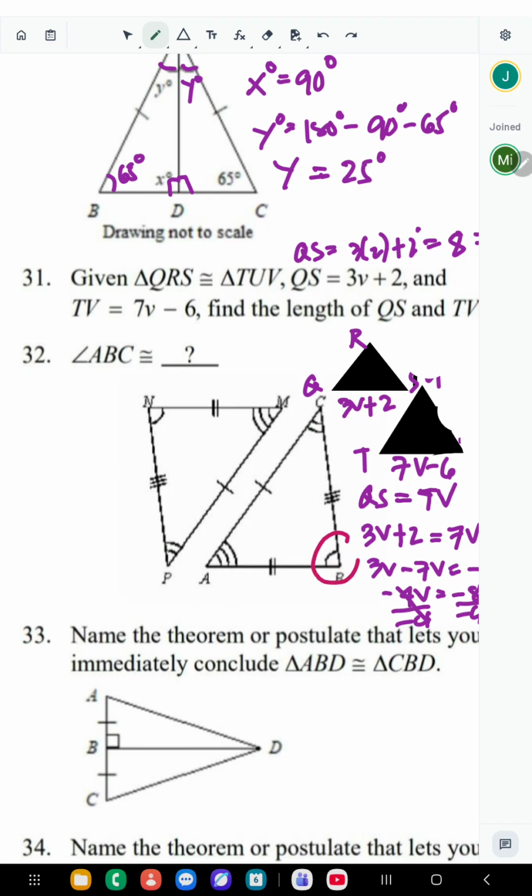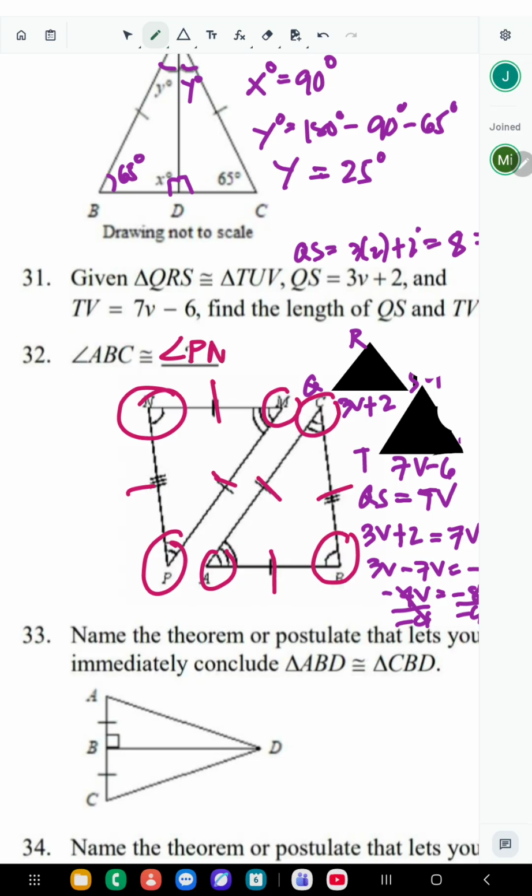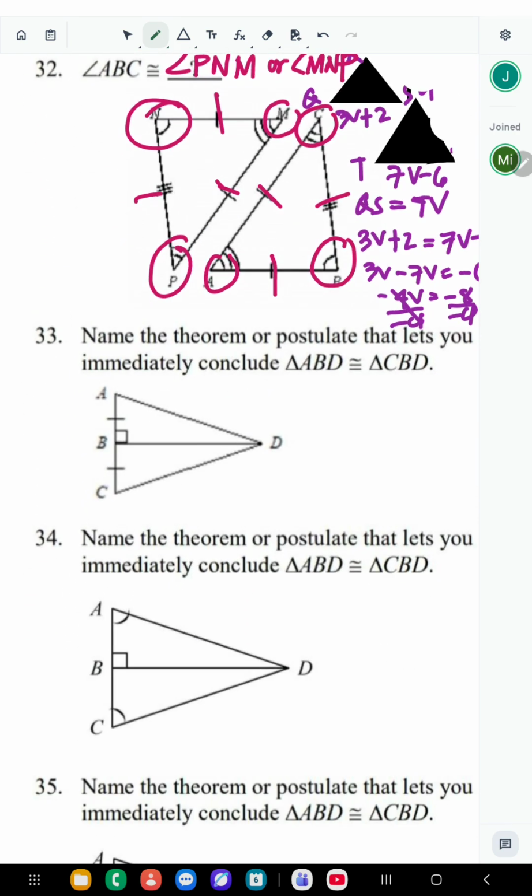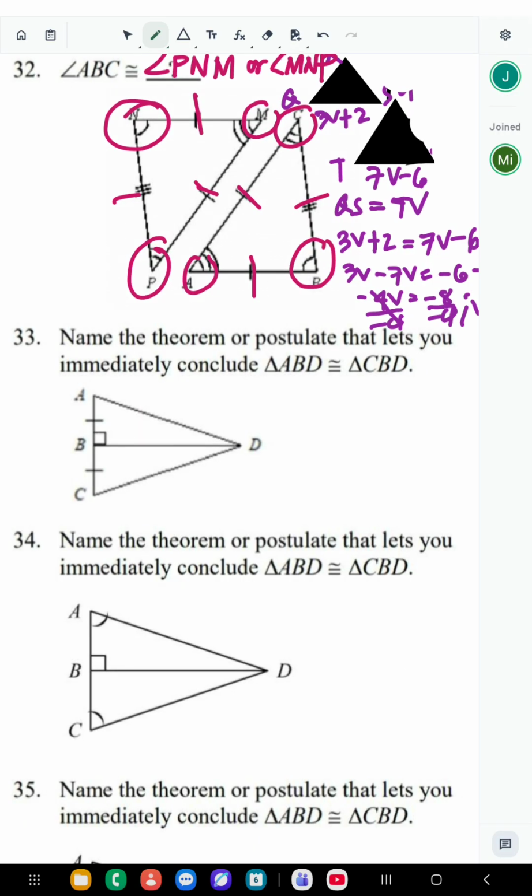Angle ABC is congruent to this one, because this side is congruent to this side, and this to this side, and angle C is congruent to angle P, angle A is congruent to angle M. Therefore, angle B is congruent to angle P and M, or angle M and P. Alright? No questions on that one?